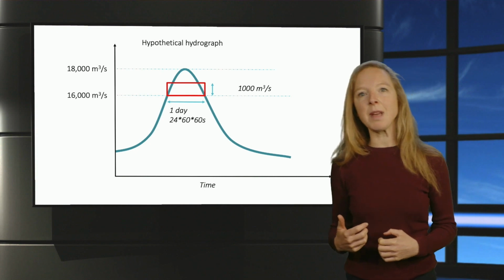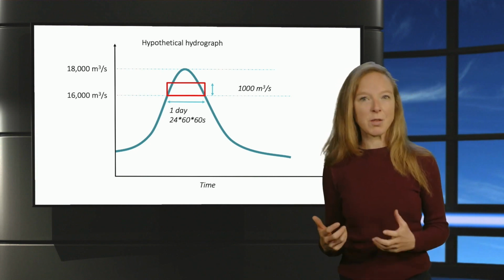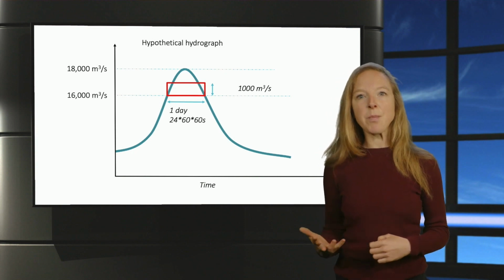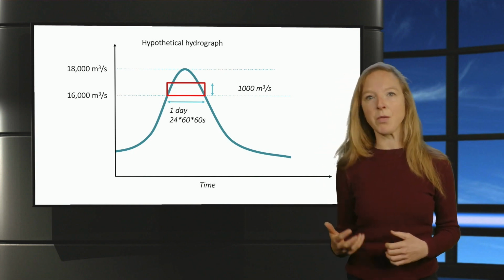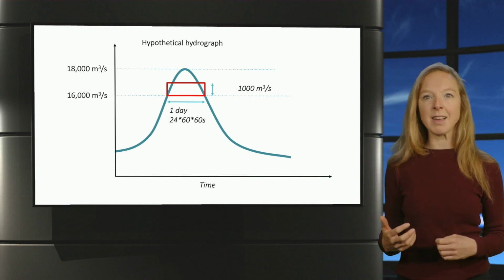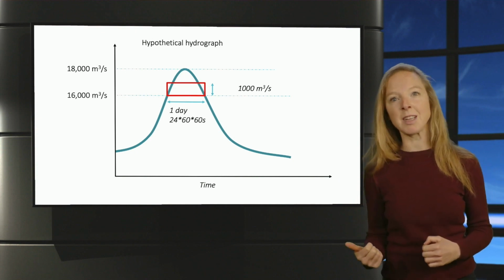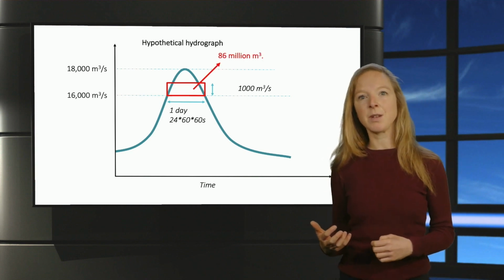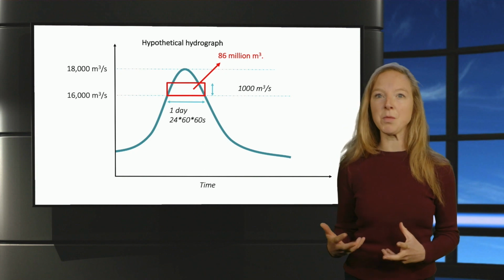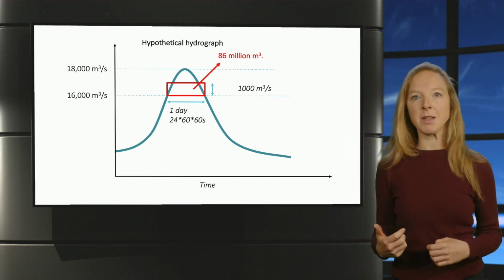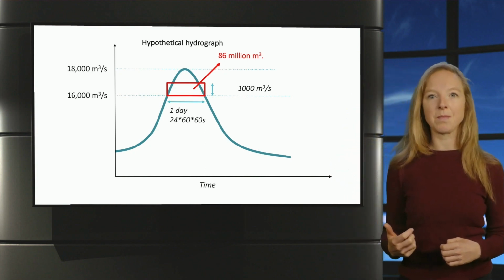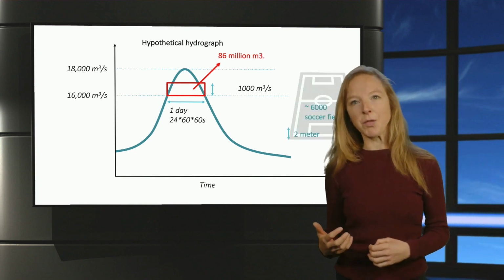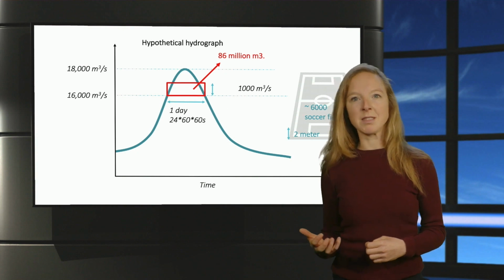We can roughly estimate the storage needed by calculating the surface area of the hydrograph above the capacity line. If we approximate this with a rectangle of 1000 cubic meters a second high and 24 hours times 60 minutes times 60 seconds wide, we arrive at a volume of about 86 million cubic meters. This equals in the order of 6,000 soccer fields with a flood depth of 2 meters.